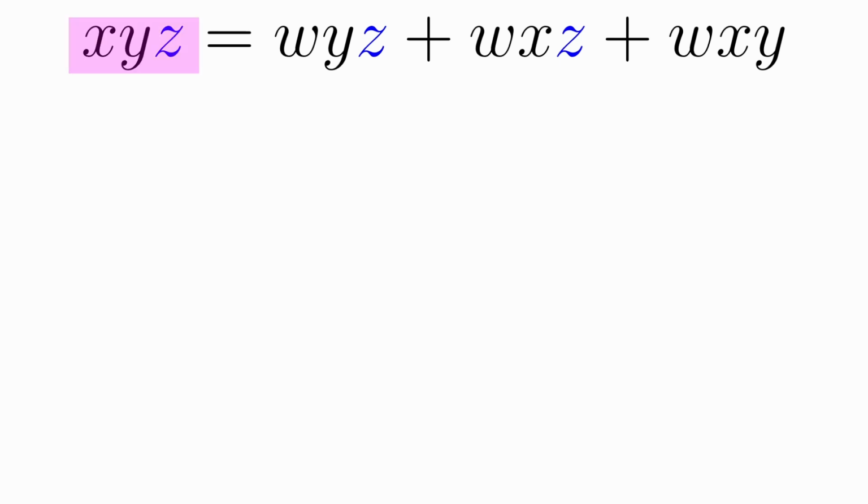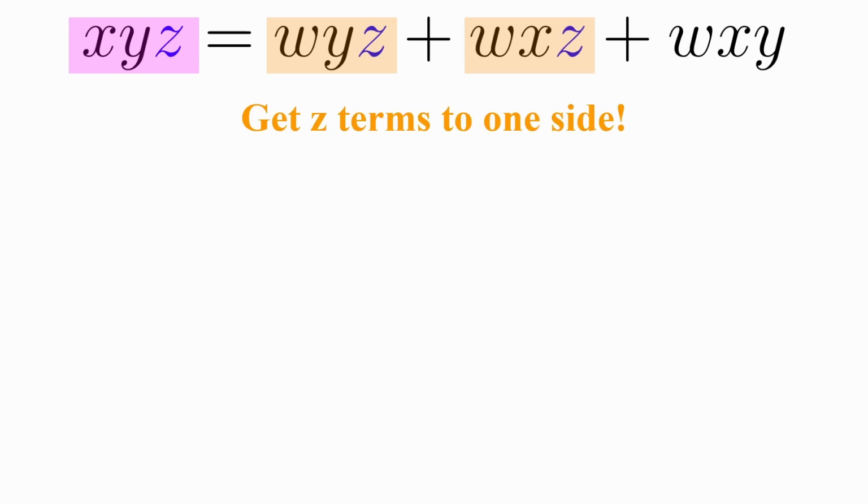The Z terms are not all on the same side of the equation. So you could go either way, but for me personally, I'm going to try to get them over to the left. So those two orange terms, I'm going to move those to the left side by subtraction. So I'm going to subtract WYZ from both sides, and then I'll also subtract WXZ from both sides.